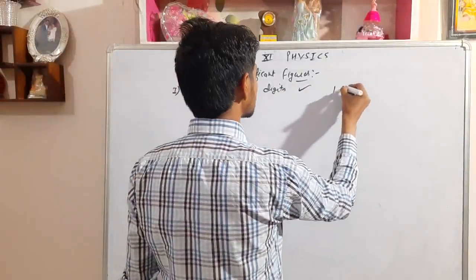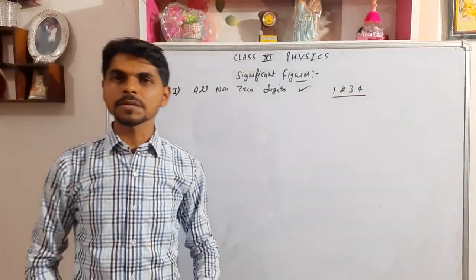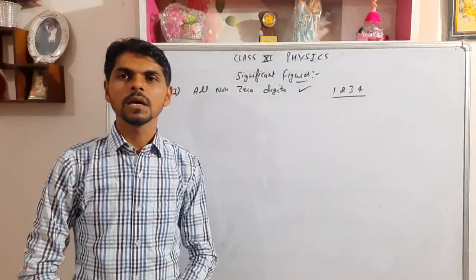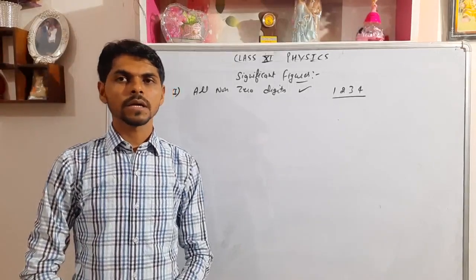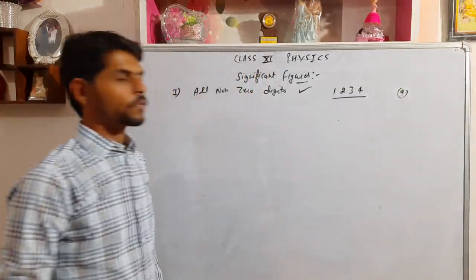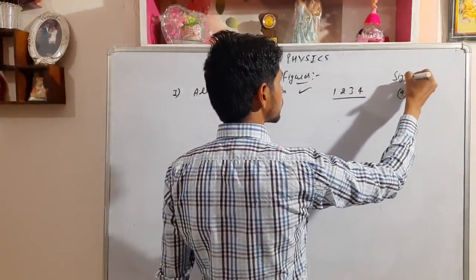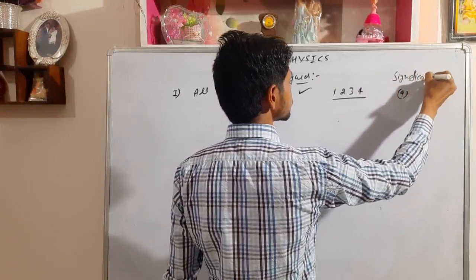Suppose this number is given: 1234. All the digits are non-zero. It means except 0, all the other numbers are significant. It means this has 4 significant figures.